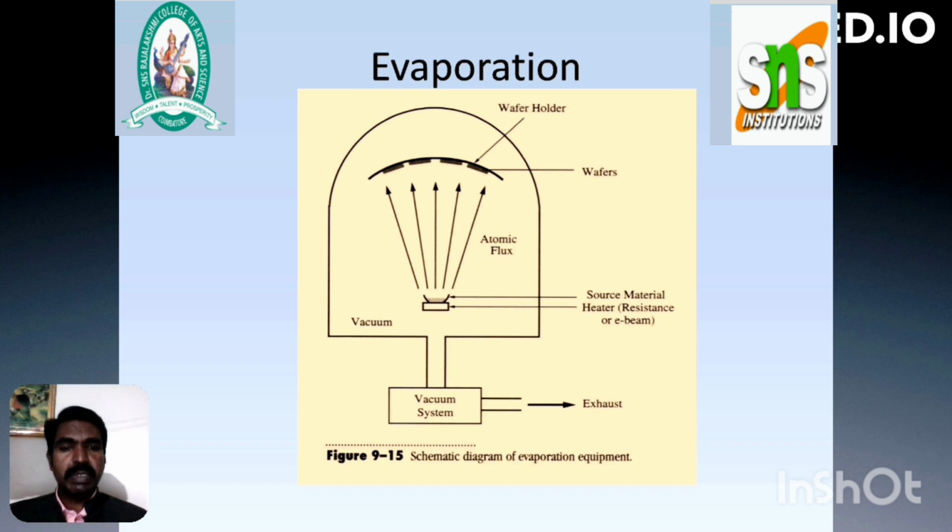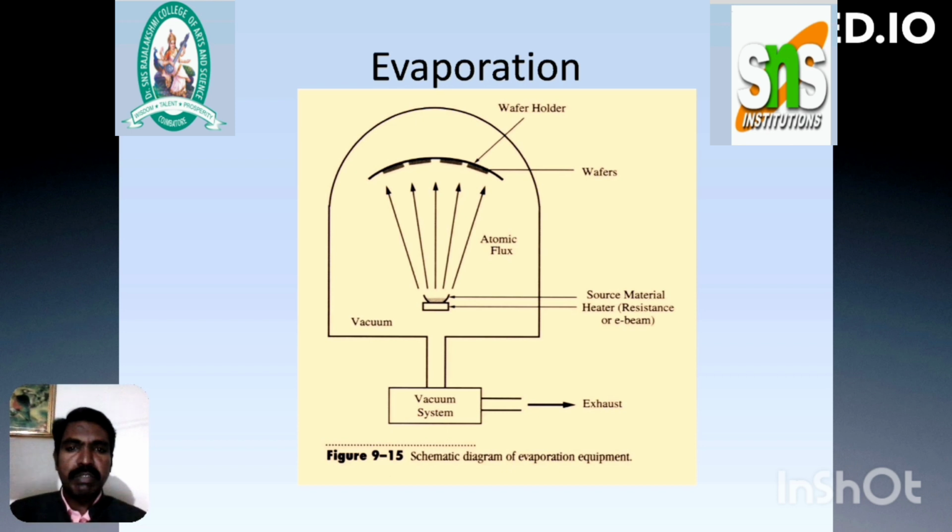So in any method we can do the evaporation. In the evaporation method, we can get good quality thin films. When the evaporated molecules deposit on the substrate surface, we get the thin films.